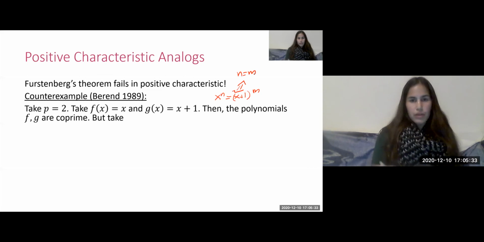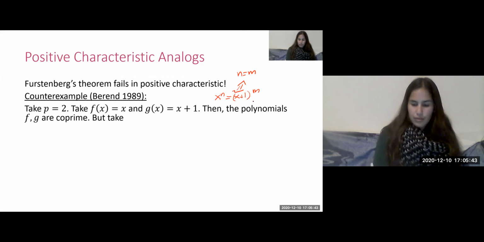But then we can open everything up and find a problem, because even if everything in the middle is 0, we'd still have x to the n plus all sorts of stuff, and then plus 1. All of this would have to be equal to 0, but that is impossible because we have this 1 here. So clearly these polynomials are rationally independent.